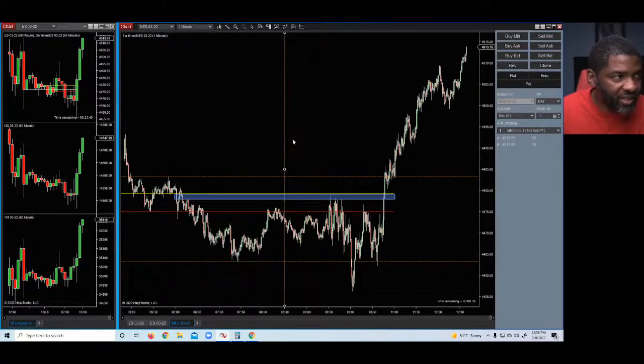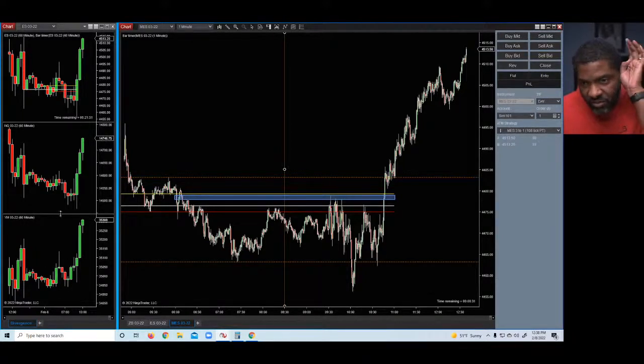Then over here on the side, I keep the ES at the top, the NQ, and the Dow on hourly charts just so I can see if the ES is in a green or a red hour, and I can see if the Dow, the ES, and the NQ are trading in tandem or if they showing divergence. That's why I be watching it.